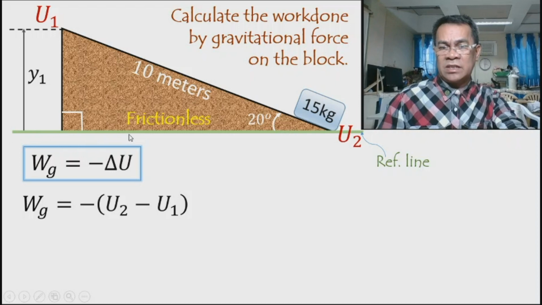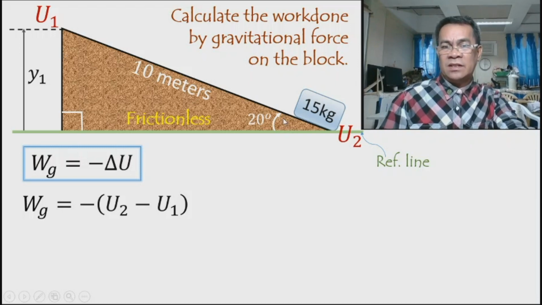Because the reference line is always horizontal, while this one is vertical, so this should be 90. Therefore, this is a right triangle. Now using the sine function, in SOH CAH TOA, sine is opposite over hypotenuse. So therefore, we can easily calculate y1. Nothing to worry about, everything was given.